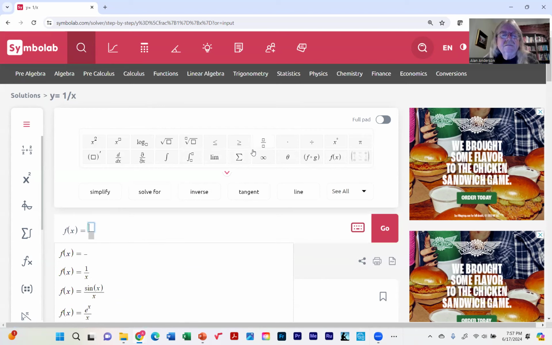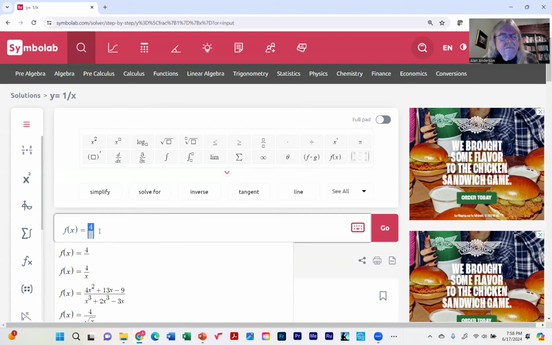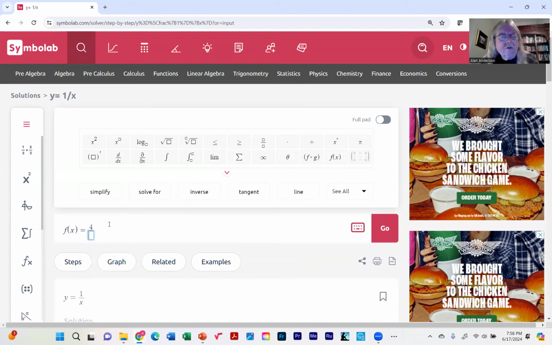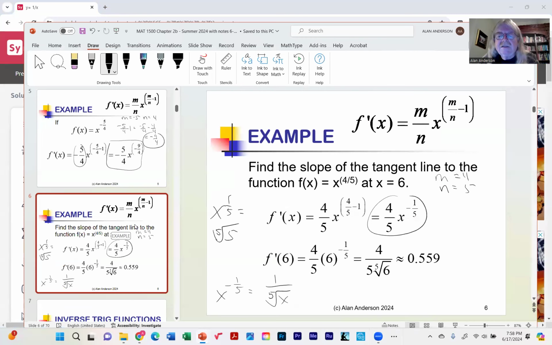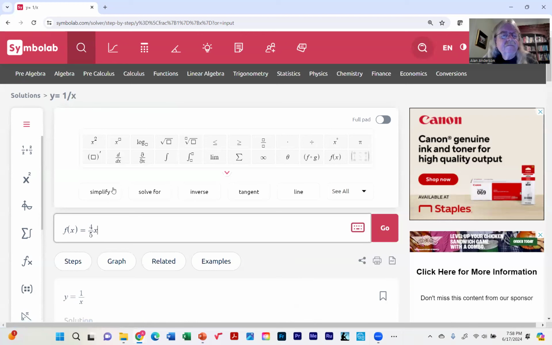Oh boy. Whenever you see blue there, you know it's going to erase everything you've done. x to the -1/5.